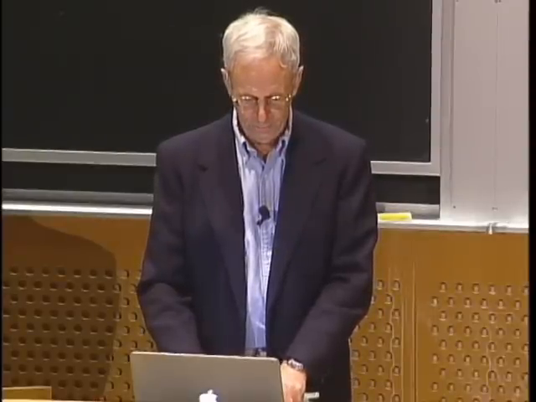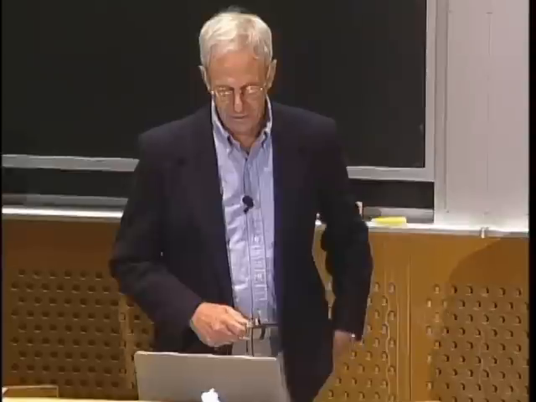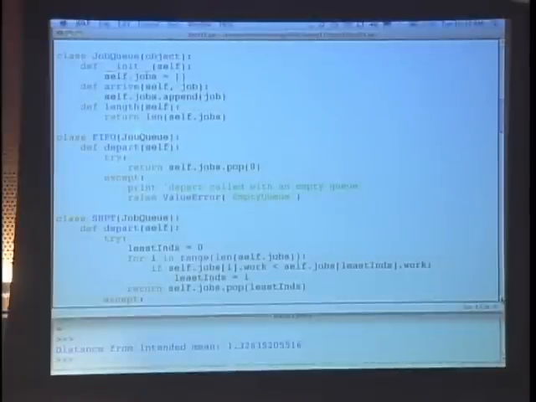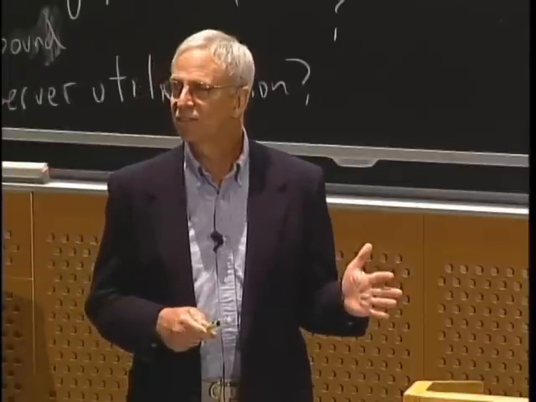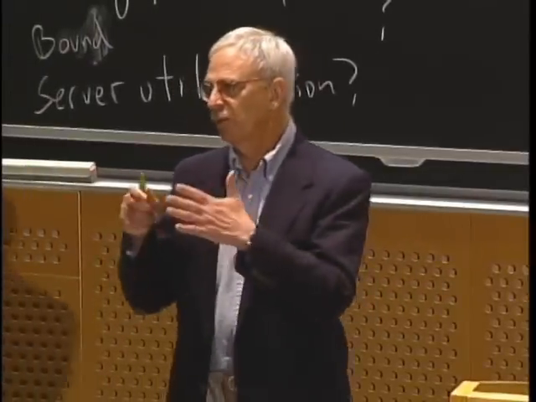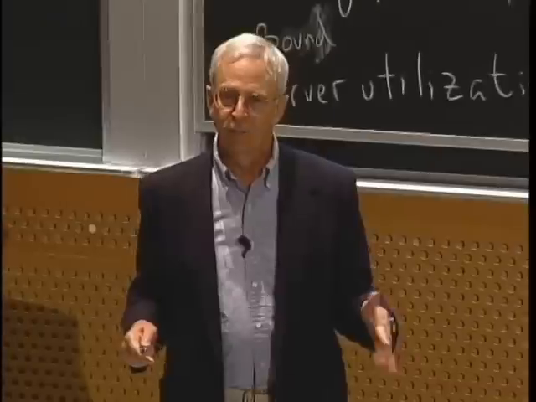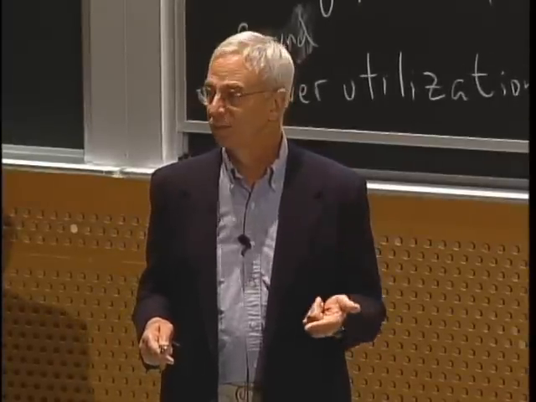Then we come to the queues themselves. The root class is just the job queue. Jobs can arrive, and the queue can have a length. You'll note that I don't have any way for jobs to leave the queue in the base class. And that's because I'm using subclasses, and each subclass will be distinguished by the queuing discipline it's using.